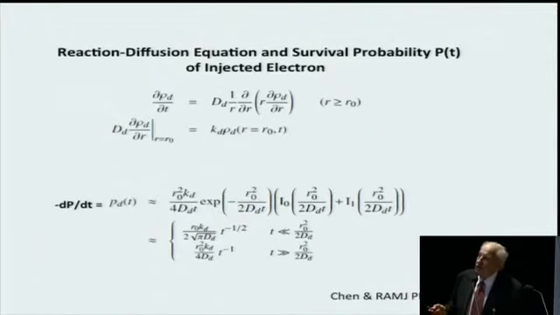Once again, you solve a certain diffusion equation, and you get a solution, Bessel functions for that kind of symmetry. But what's of interest are these limiting forms, and at very short times you get this behavior.